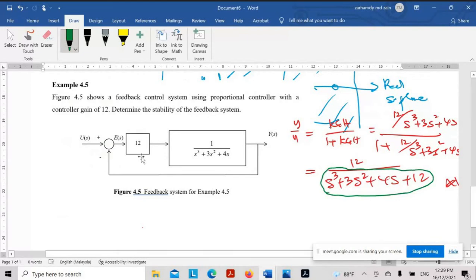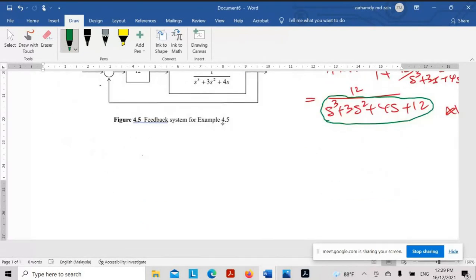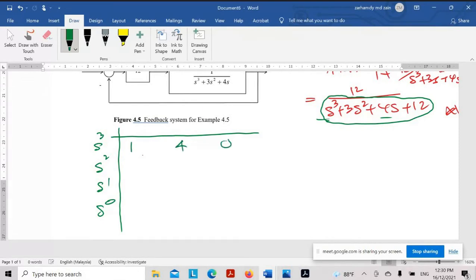From this characteristic equation, we will get the equation, and then come up with the Routh table. So we have S power of 3, S power of 2, S power of 1, and S power of 0. Now from here, we put the order based on the concept of Routh-Hurwitz. So we have 1 and 4, and nothing else, so 0.